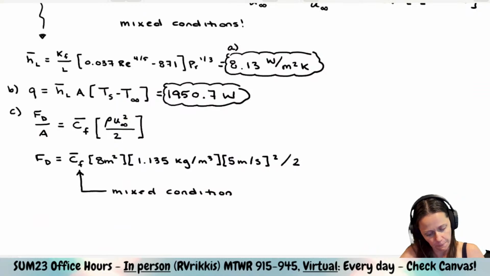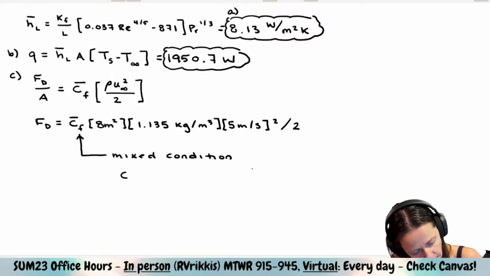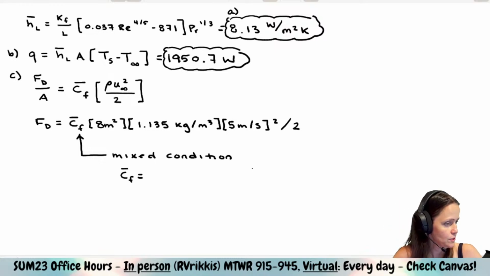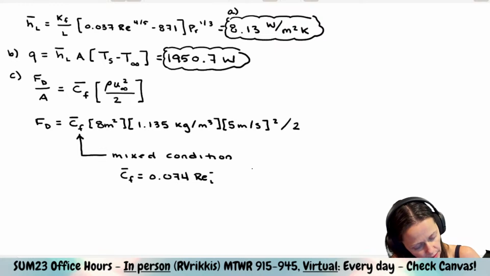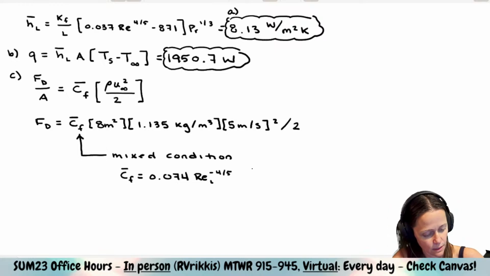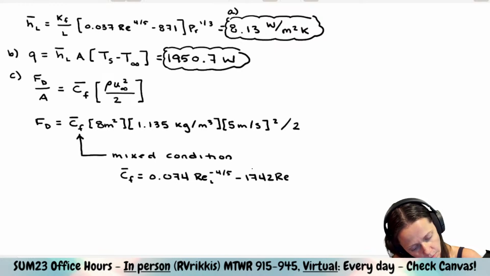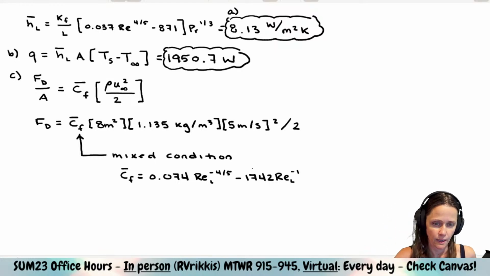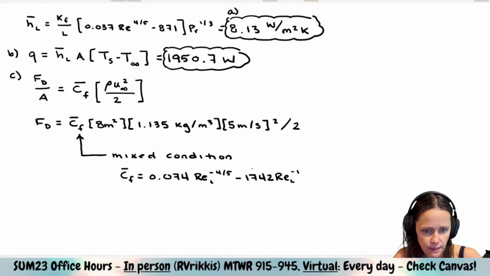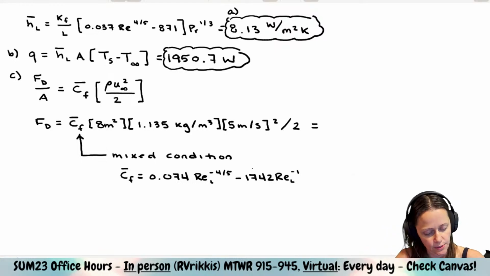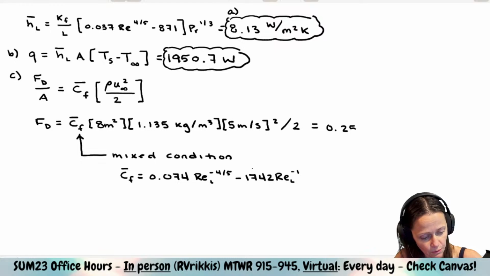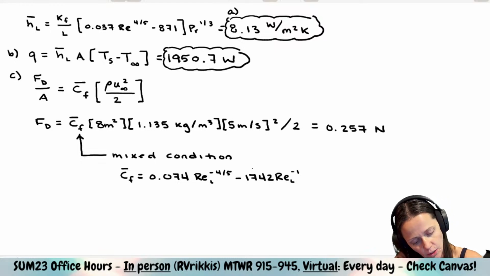So our C_F is equal to 0.074 times our Reynolds number to the negative 1/5, minus 1742 times the Reynolds number to the negative 1. Do I have a value for that? I don't. But I do have one for the drag force. So this one ends up being 0.257, and it is in newtons.